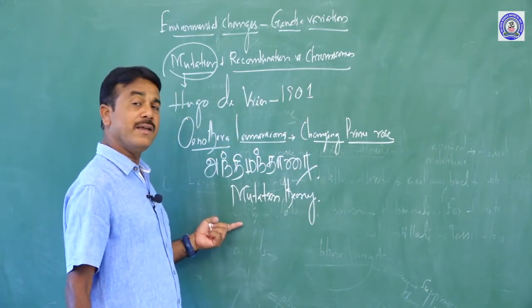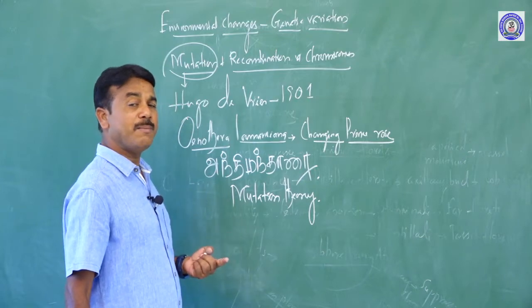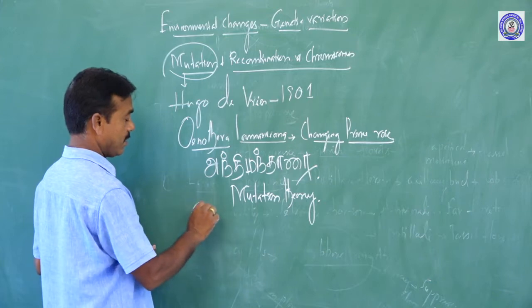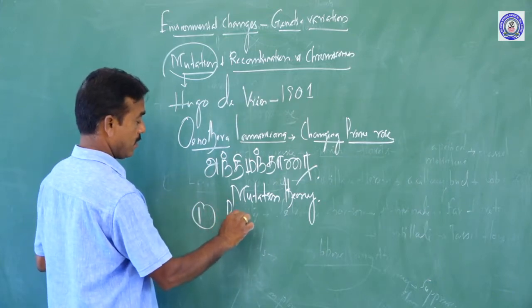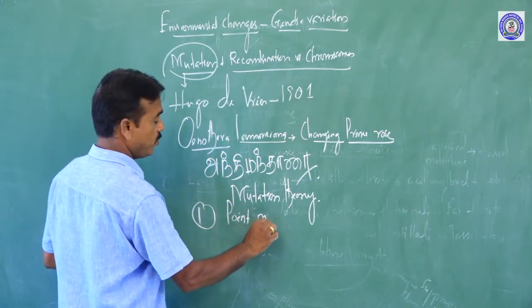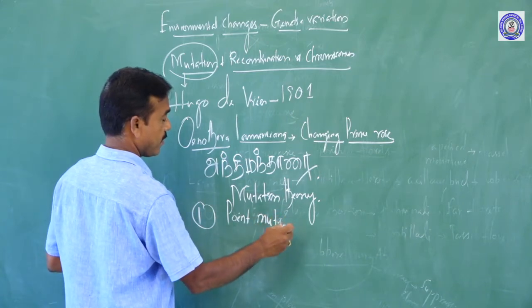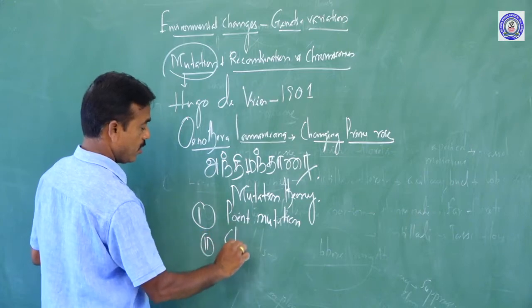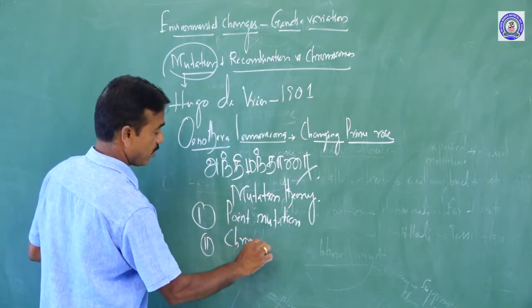Based on the theory, the mutation can be classified into two types. One is point mutation. The second one is chromosomal mutation.